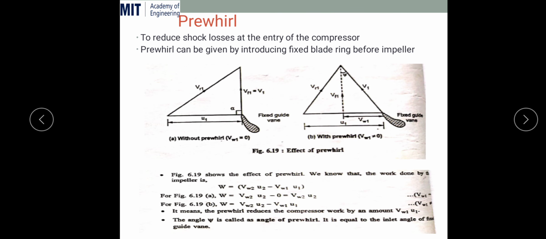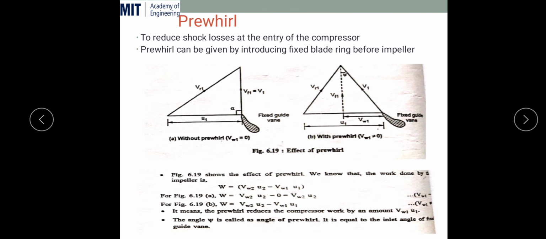So at the inlet of every compressor, we have to put some damper-like arrangement or fixed blade to control the speed of air at the entry side. Otherwise, due to the sudden suction, the air can be drawn inside the impeller at a higher speed and will create shock waves.